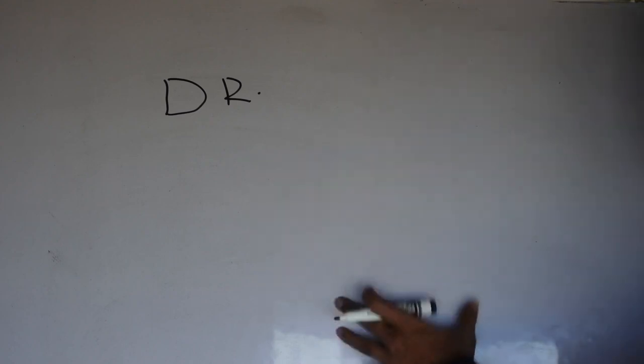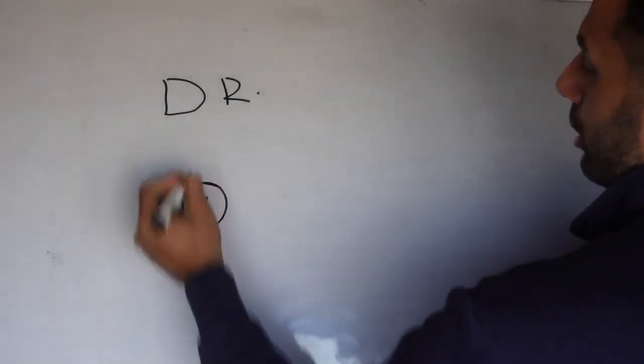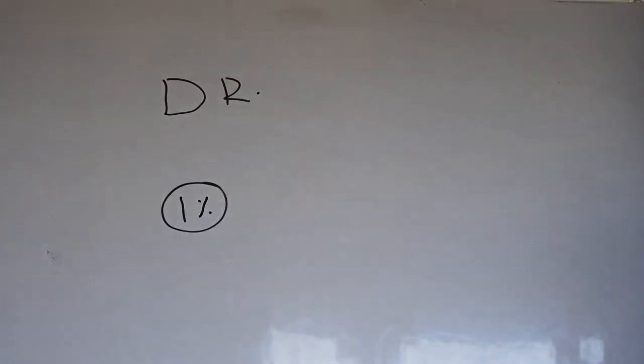Now, let's say you're a trader, and you're very disciplined. You don't want to risk a whole lot of money at this point. You're very, very risk averse. So let's say your total risk is going to be 1%.